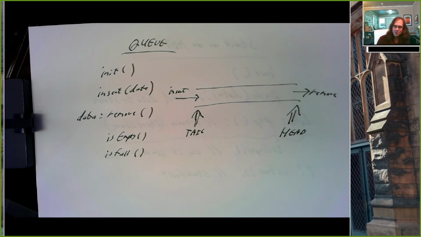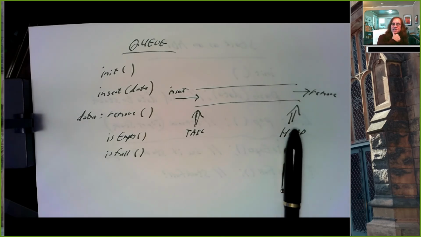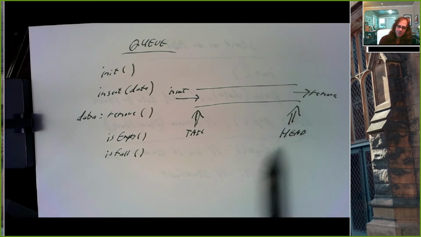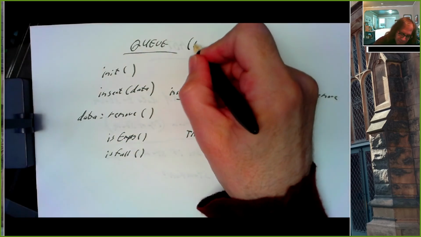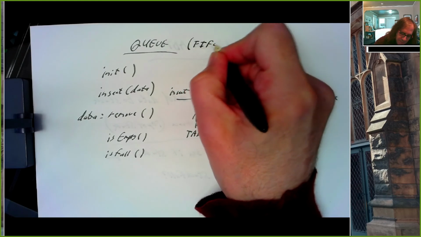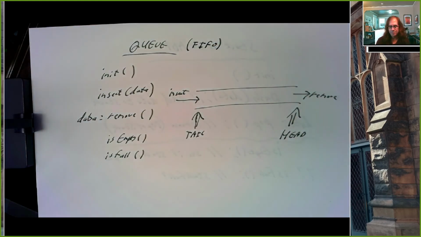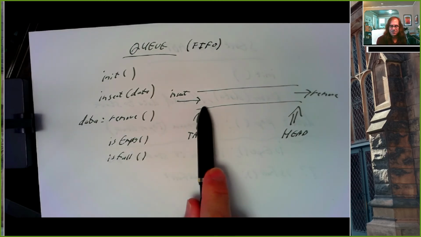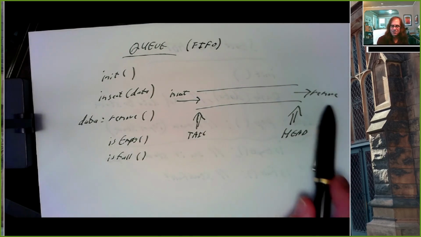So the head of the queue is where the next thing that you should remove is, and the tail is where you're going to put the next thing in. Right, and remember this is a FIFO. So our first entry goes into the tail, and that's going to be the first thing that's removed.